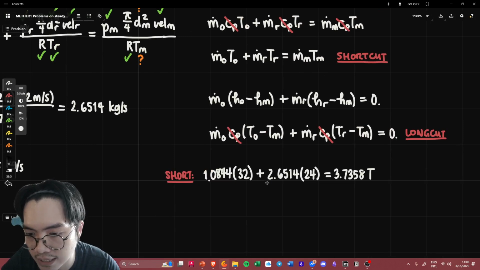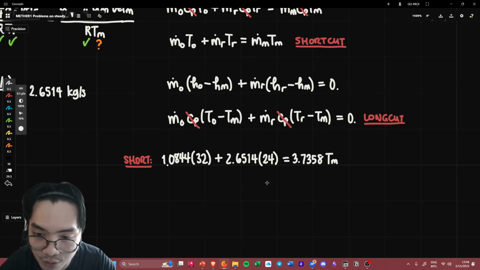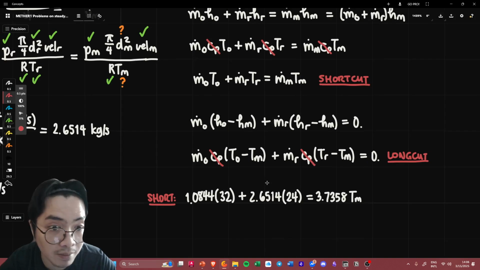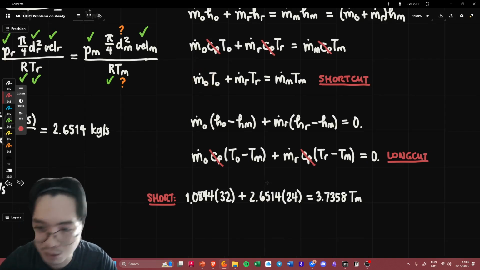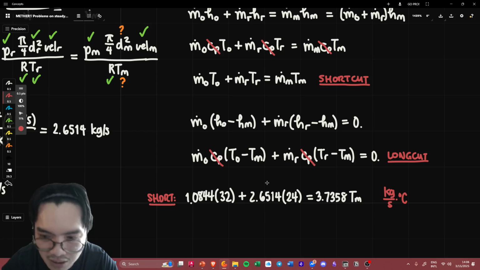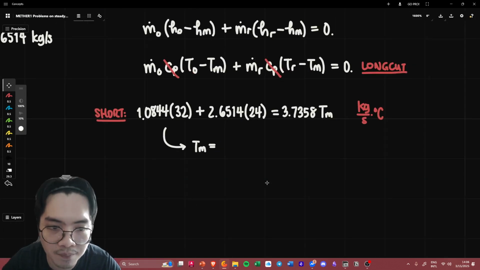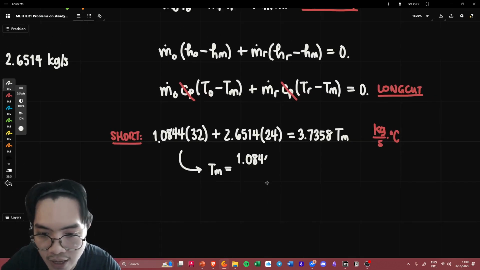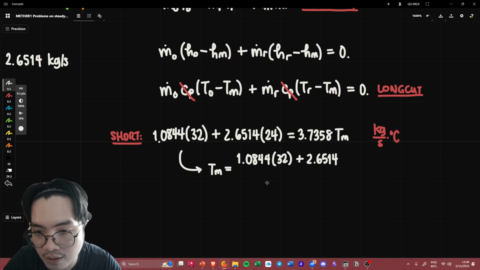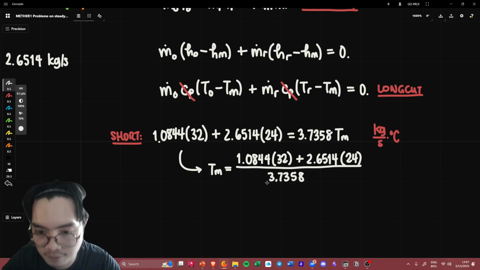3.7358 times your TM. And now this looks very weird, and I will not put in the units because, number one, they're all the same. It's just mass flow rate times temperature, kilograms per second times degrees Celsius. Sounds very wrong, but suffice to say, your TM will be 1.0844 times 32 plus 2.6514 times 24 all over 3.7358.